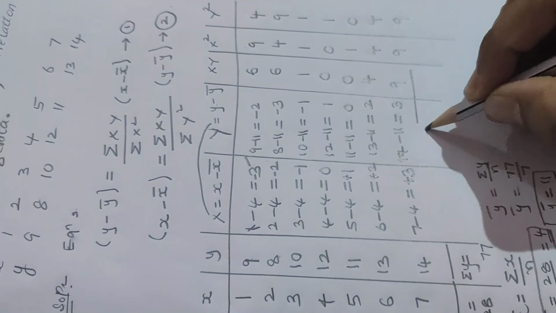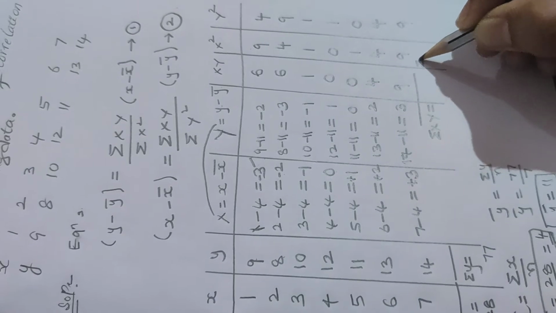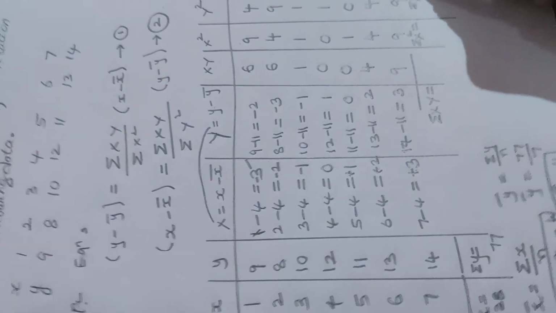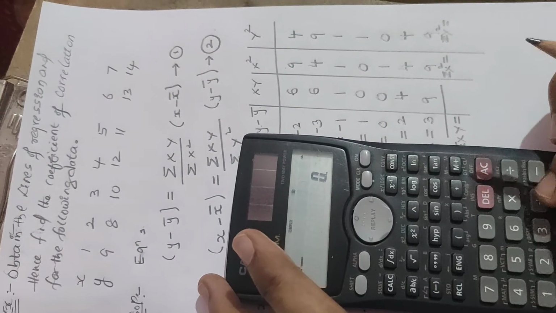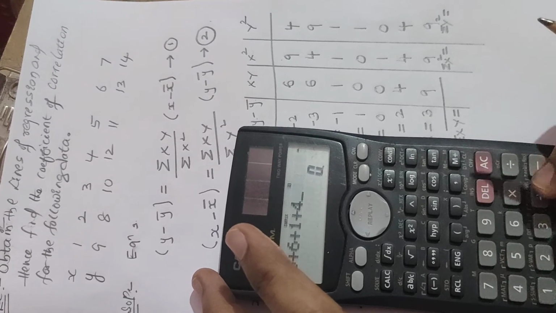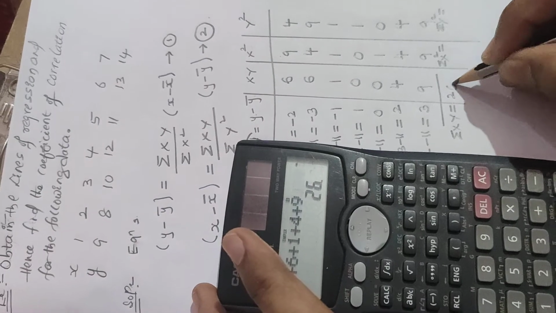So next I want sum of xy, then I want sum of x square, then I want sum of y square. So adding all this, 6 plus 6 plus 1 plus 4 plus 9, that will give you 26.